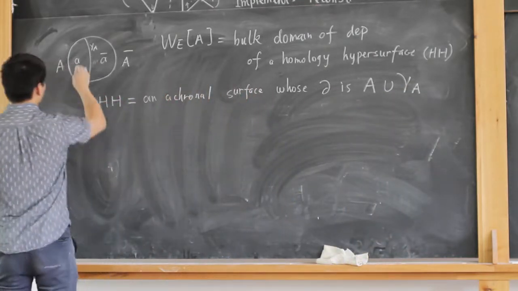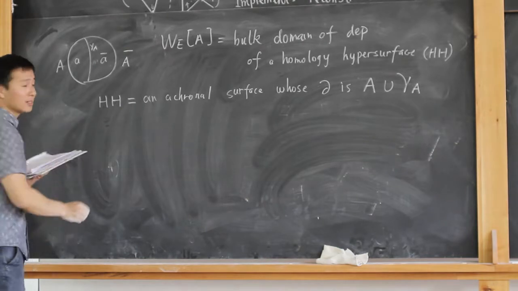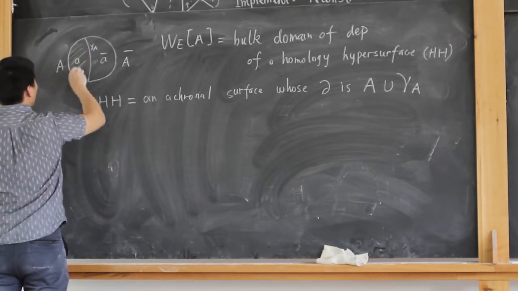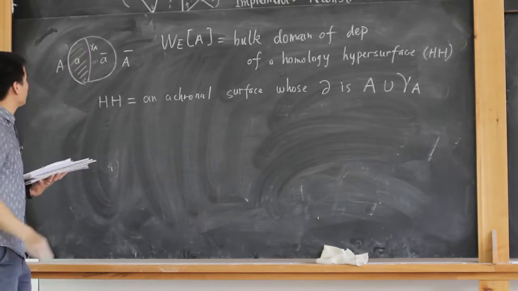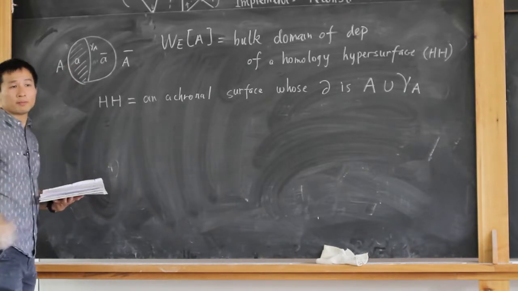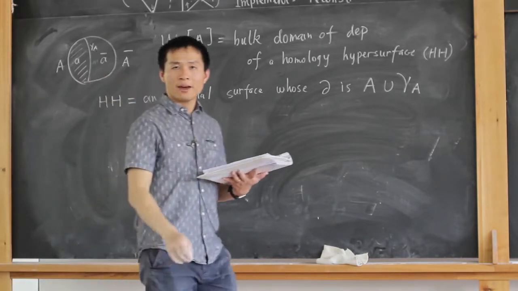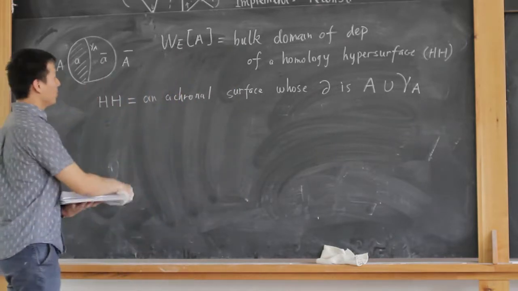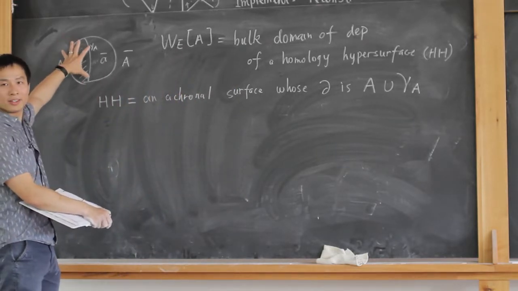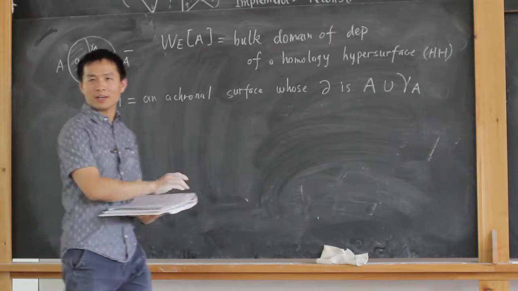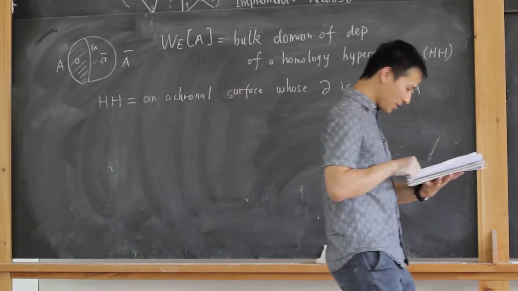So this is supposed to be a time slice, and we can choose a homology hypersurface to be this surface between A and gamma A. And then we're supposed to take the domain of dependence of this hypersurface in the bulk. So that defines the entanglement wedge.